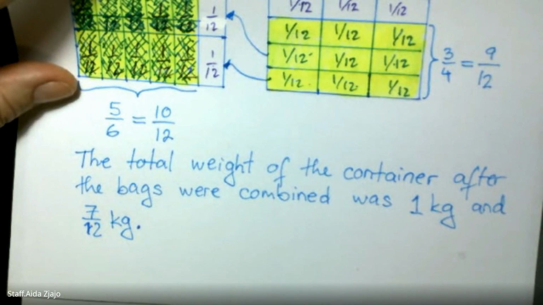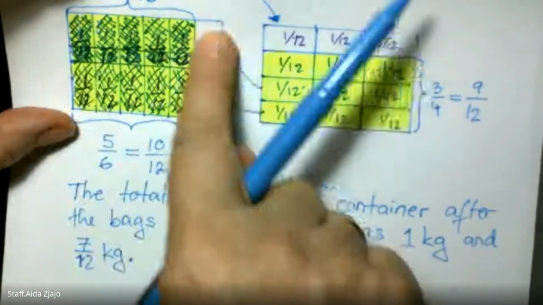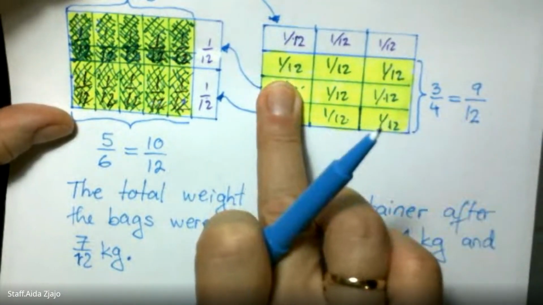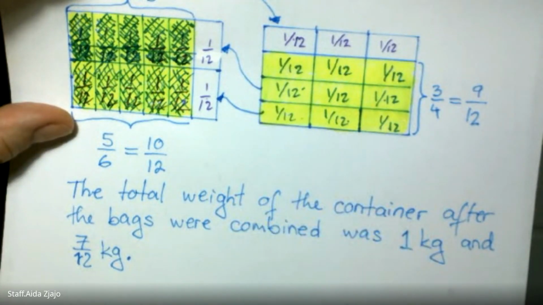Okay. And we can show that as this is 1 whole kilogram. And then if we take this, the rest is 7 twelfths.